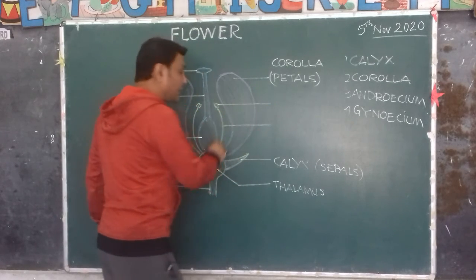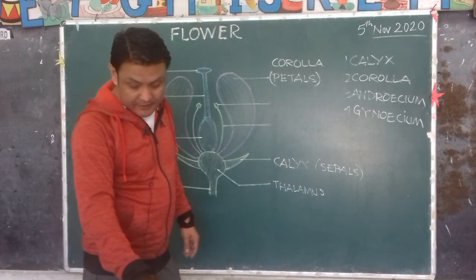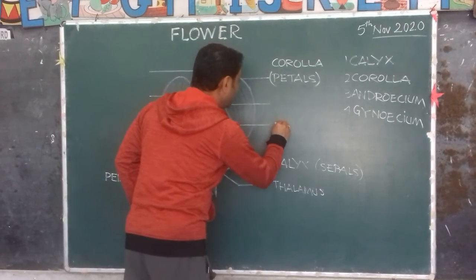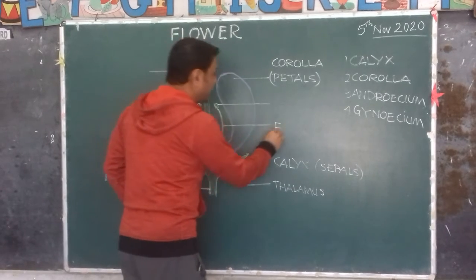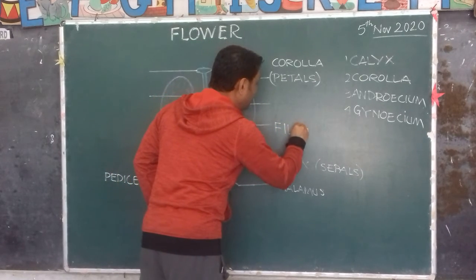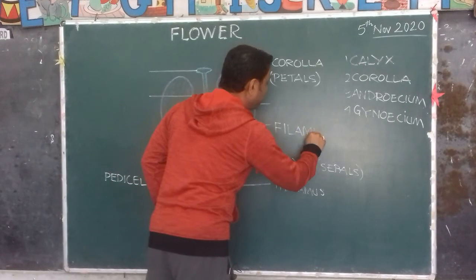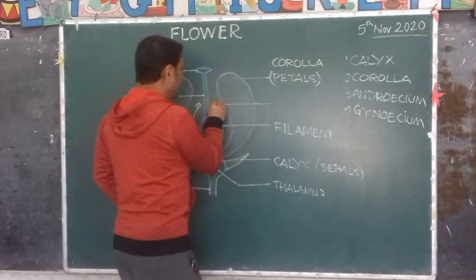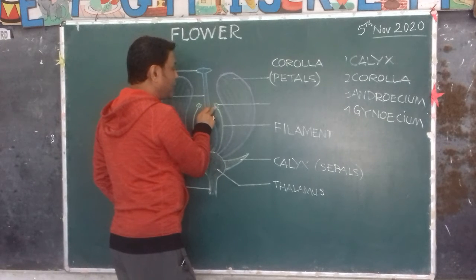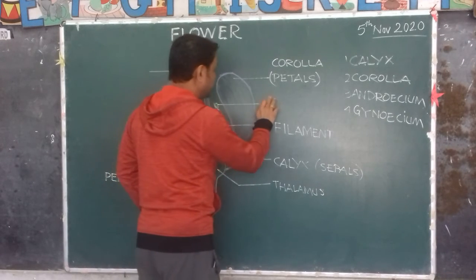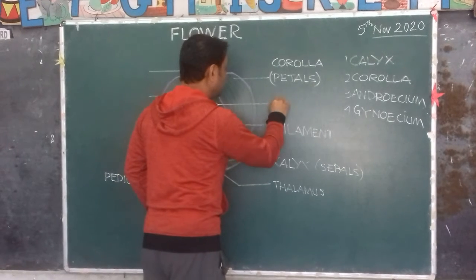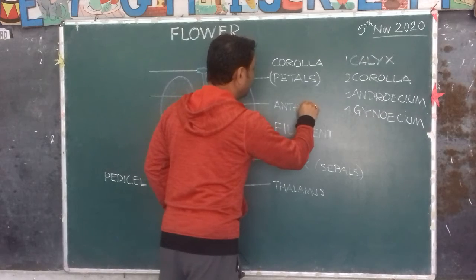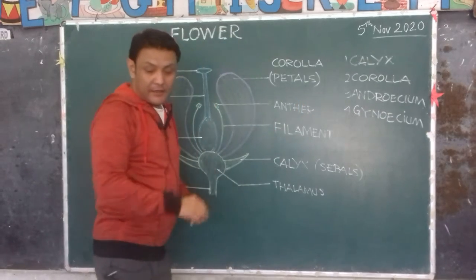The stalk of the androecium is known as the filament. And the round structure at the top of the filament is known as the anther.